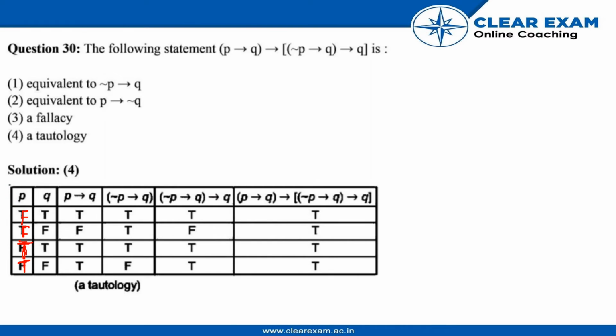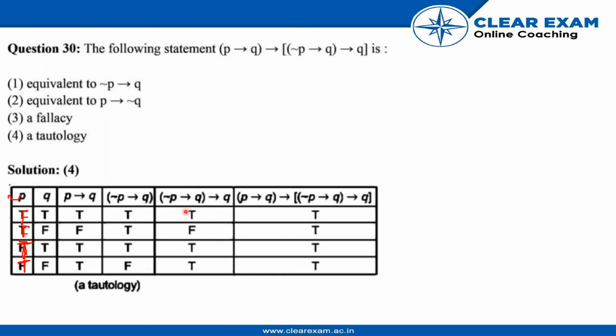Sorry for the handwriting. Anyhow, you get it. So negation of P, considering these values now: false true would be true, false false would be true, true true would be true, true false would be false.